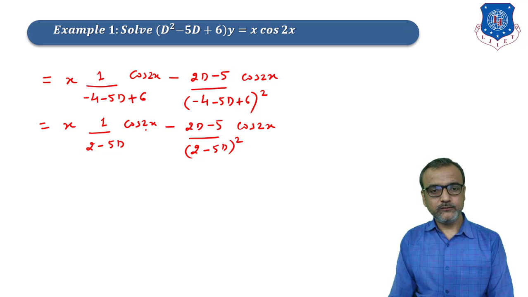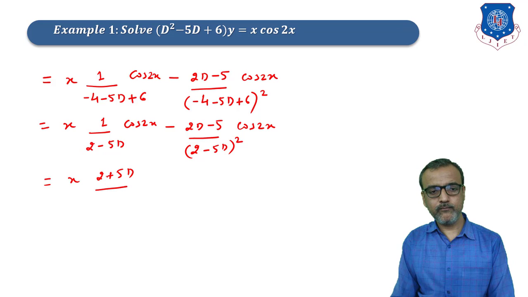Now whenever cosine of ax plus b is given to us, we require function of d square in the denominator. Here we have been given 2 minus 5d. Now to make this function as function of d square, what we will do? We will multiply the numerator and denominator by conjugate of 2 minus 5d, that is 2 plus 5d. So this is equals to x, 2 plus 5d.